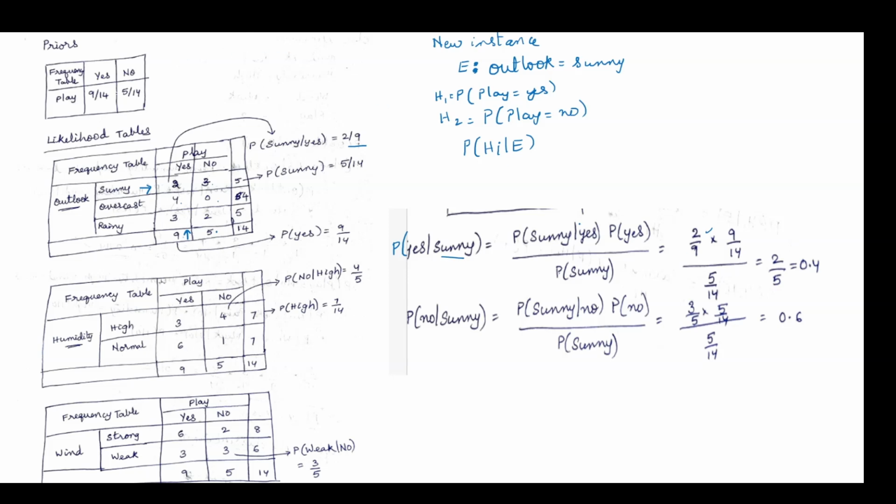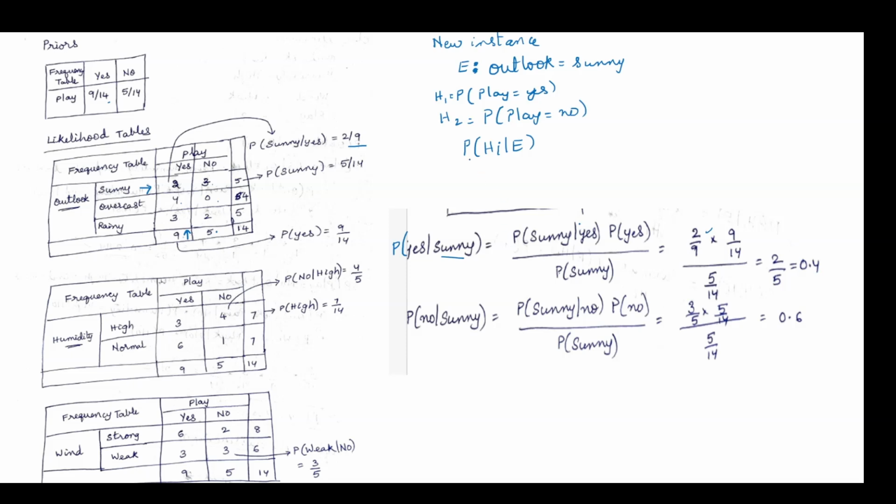Probability of yes is 9 by 14. It's given here. Probability of Sunny, go for the row total 5 by total number of records 14. That would be the denominator. So when we calculate, you get 0.4.